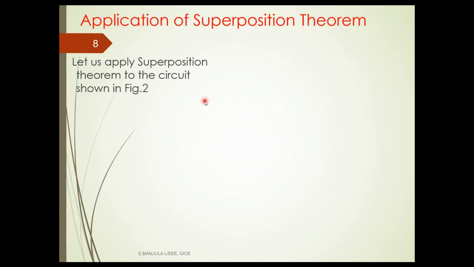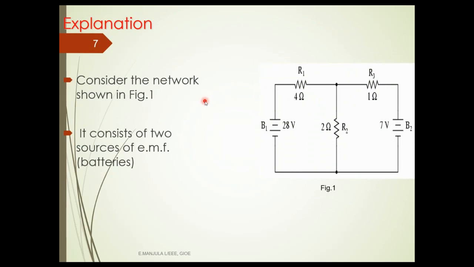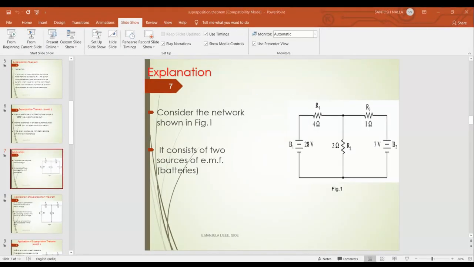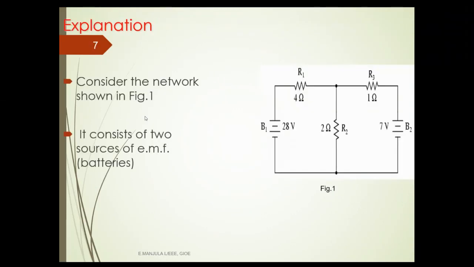Now we have to solve this network. We have to know the current flowing through R1, R2 and R3.